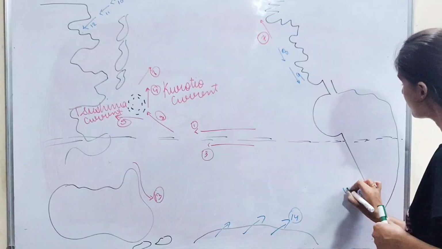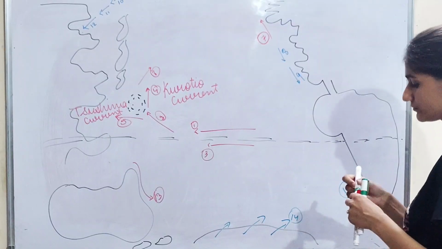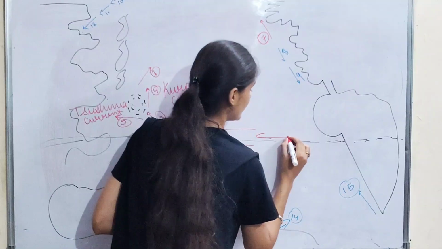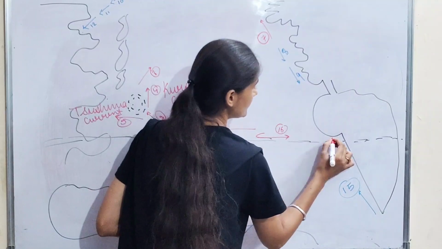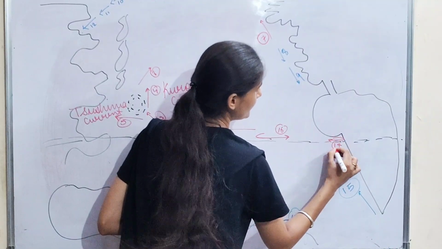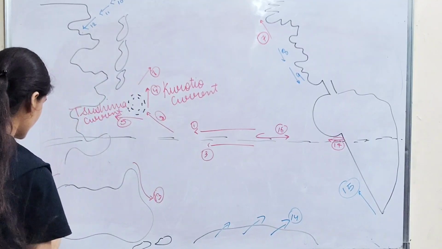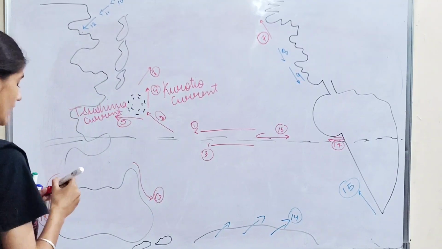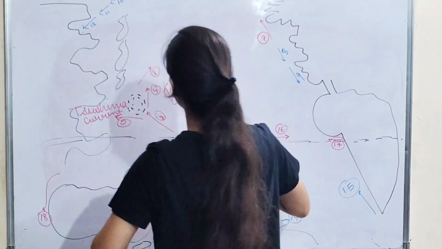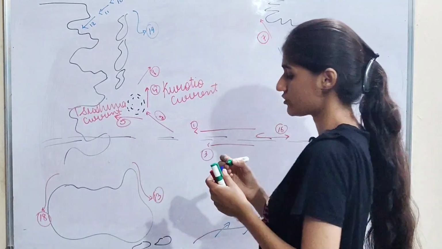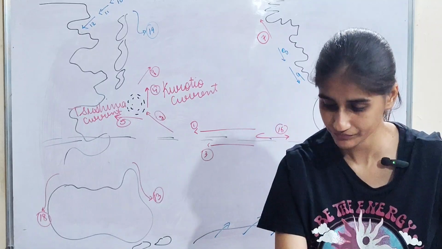From here we have 15th. Next we have a very interesting 16th. From here we have 17th. Next 18th. And at the last we have 19th. Okay, so now let's name them.